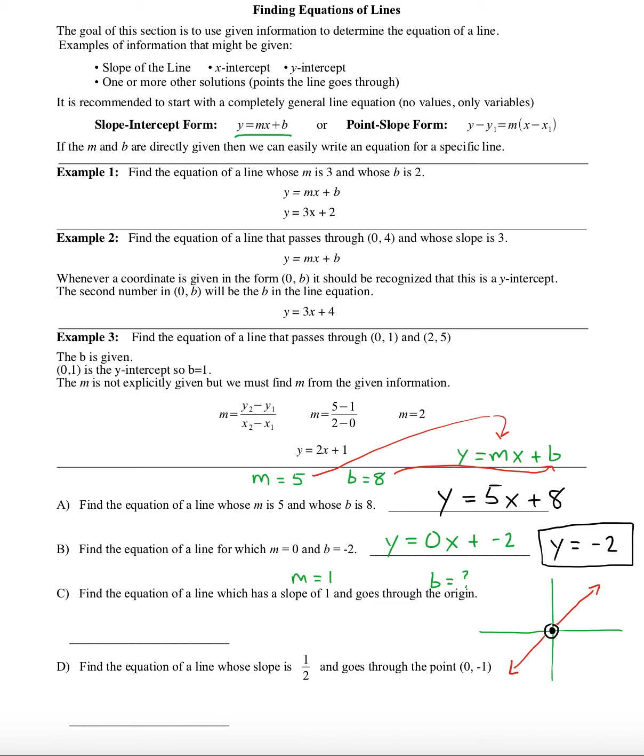All right. Notice that the origin is on the y-axis. It's on both the x and y-axis. But it's really critical that this is a y-intercept. It's both a y-intercept and an x-intercept.